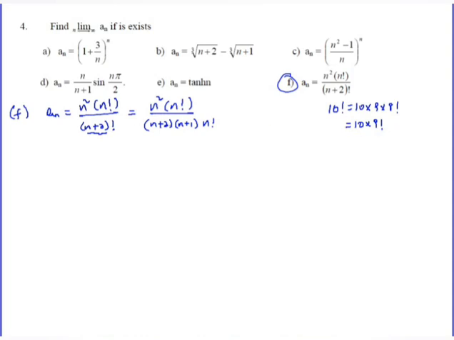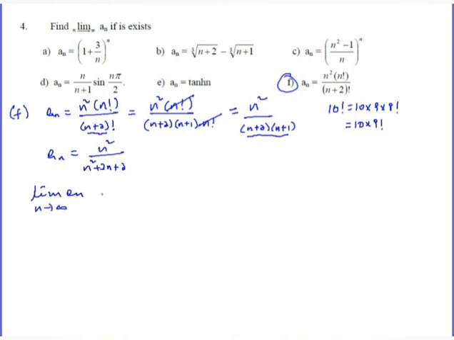So if I can write n plus 2 factorial like this, now n factorial over n factorial cancels. So what remains is n square over n plus 2 times n plus 1. So our sequence an becomes n square over, when you multiply this out, n square plus 3n plus 2. So now we can calculate the limit of this sequence: the limit of n square over n square plus 3n plus 2 as n approaches infinity.